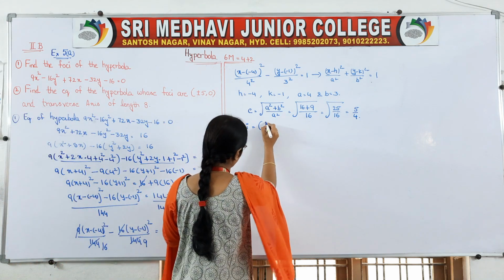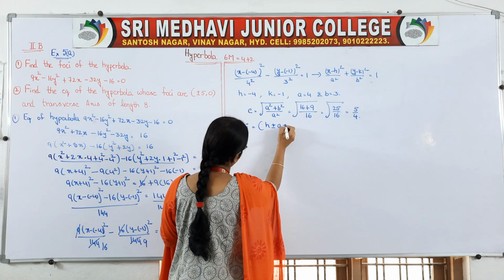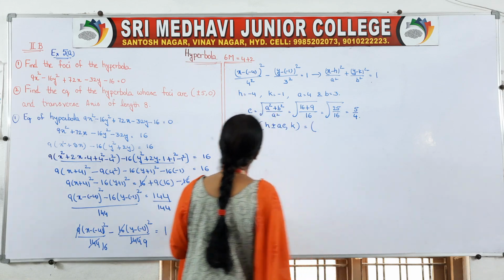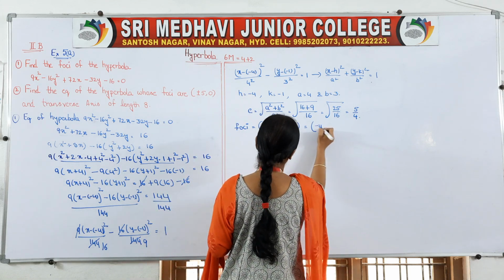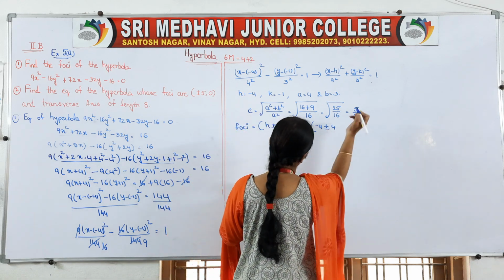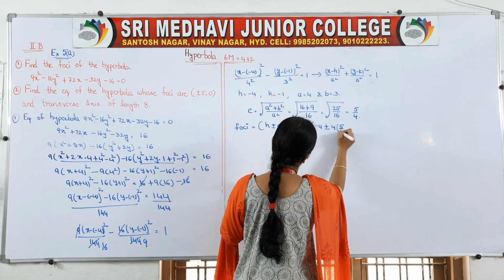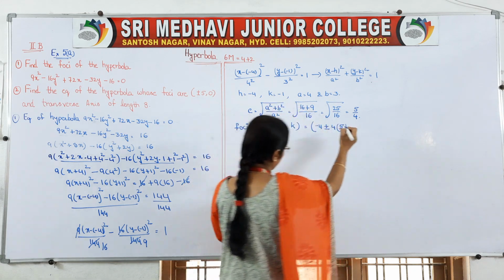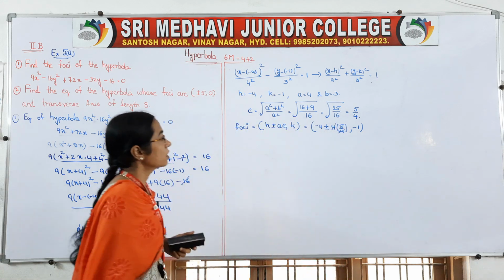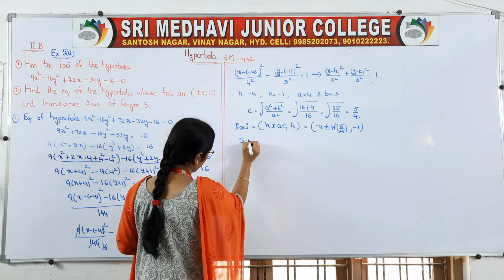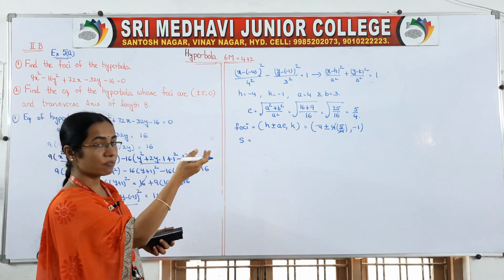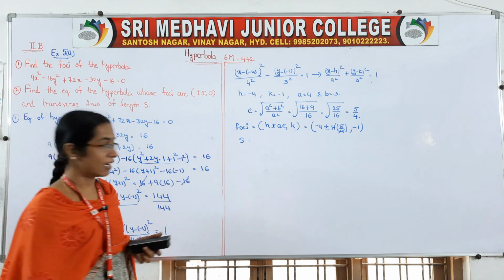Okay, so it is h plus or minus ae comma k. So come on, what is h? Minus 4, right? Plus or minus a. What is a? It is 4. e is 5 by 4, comma k is minus 1. Okay, 4 4 cancels. So if we take the plus value, you will get one focus S. If we take the minus value, you will get another focus S dash.